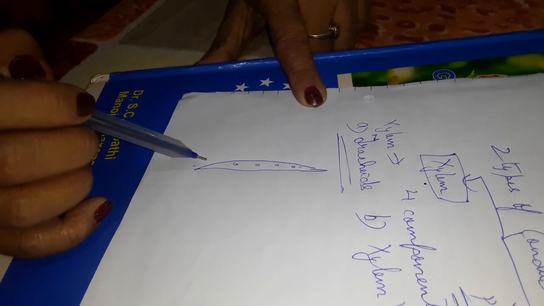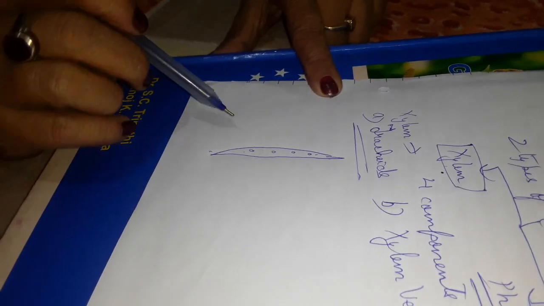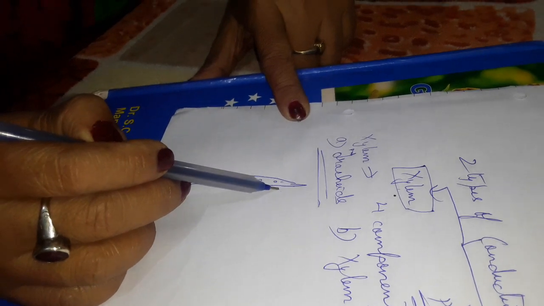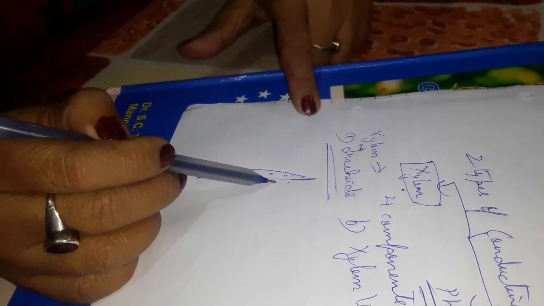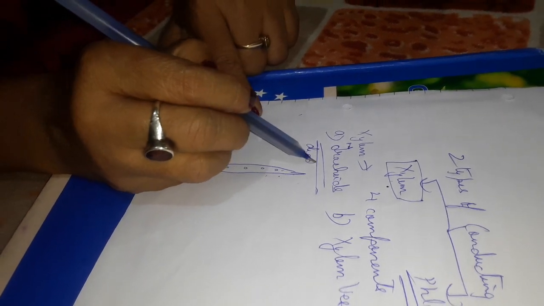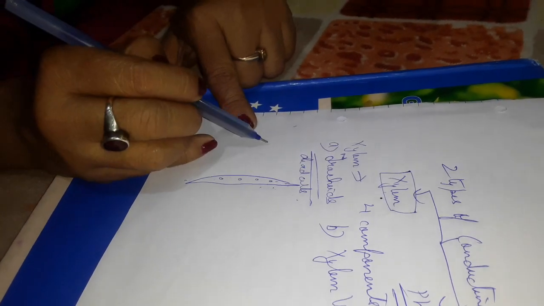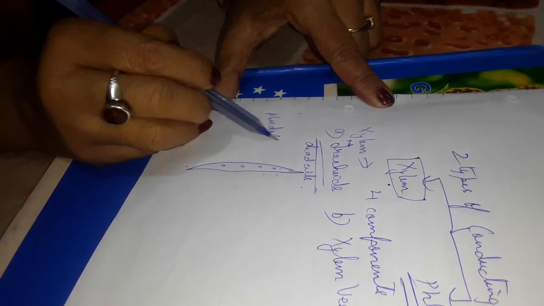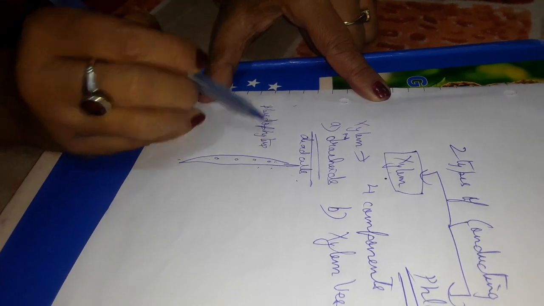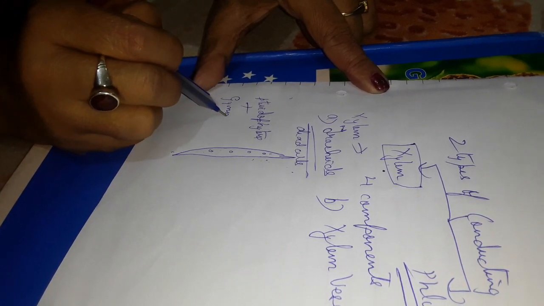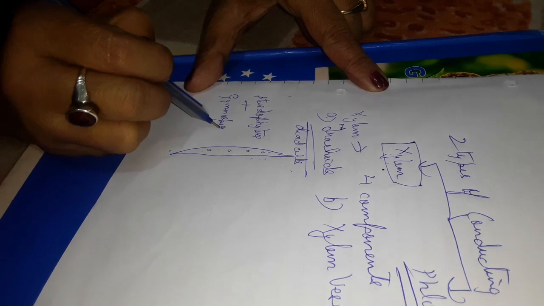Their cell walls are thick and lignified, meaning there is deposition of lignin, and they are dead cells. Where are they found? They are found in pteridophytes, the most common examples being ferns, and in gymnosperms. That means in the primitive plants.